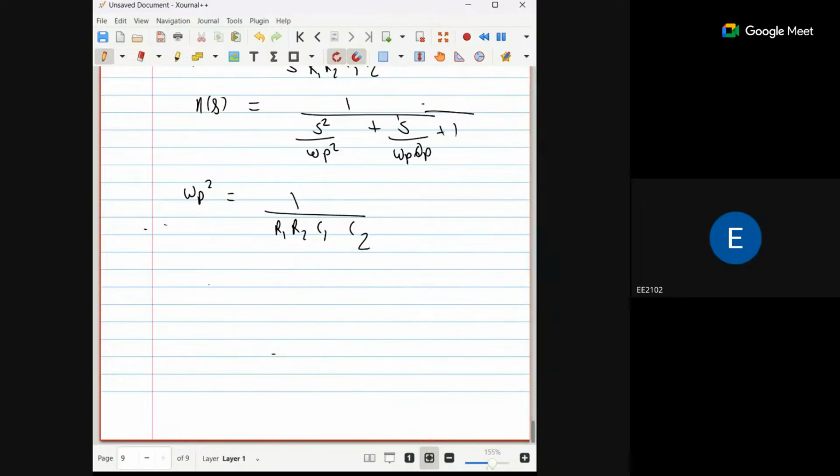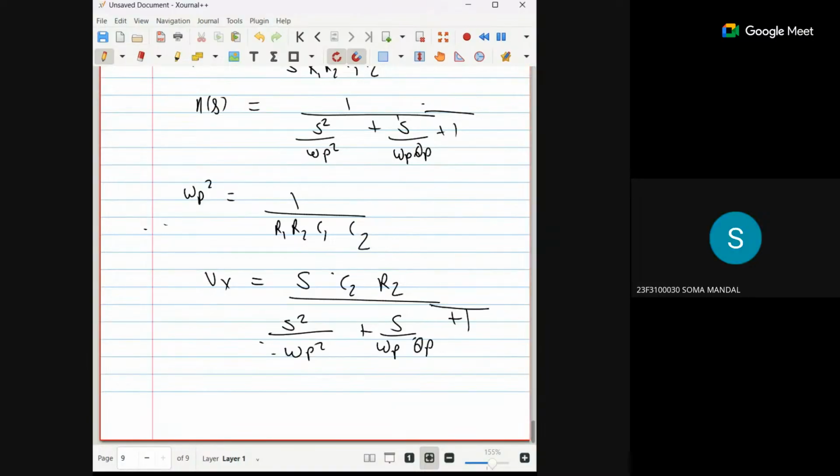We have made three equations, and it is S C2 R2 upon S square upon omega p square plus S upon omega p Q p plus 1. Yes, okay.